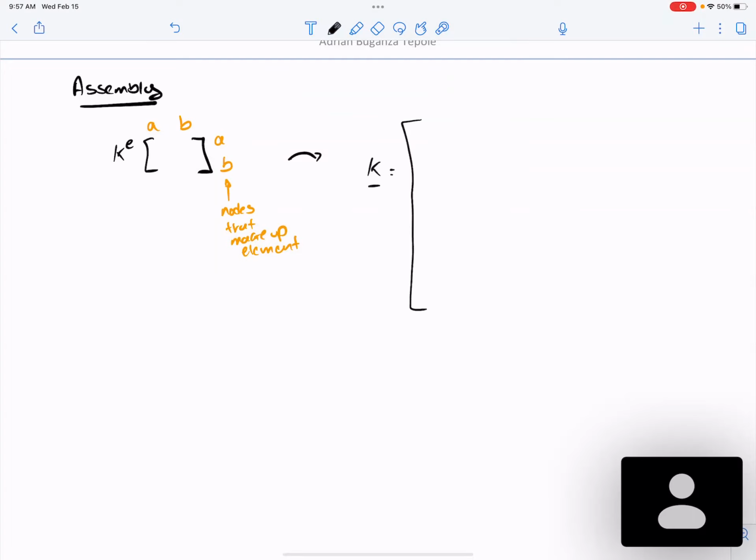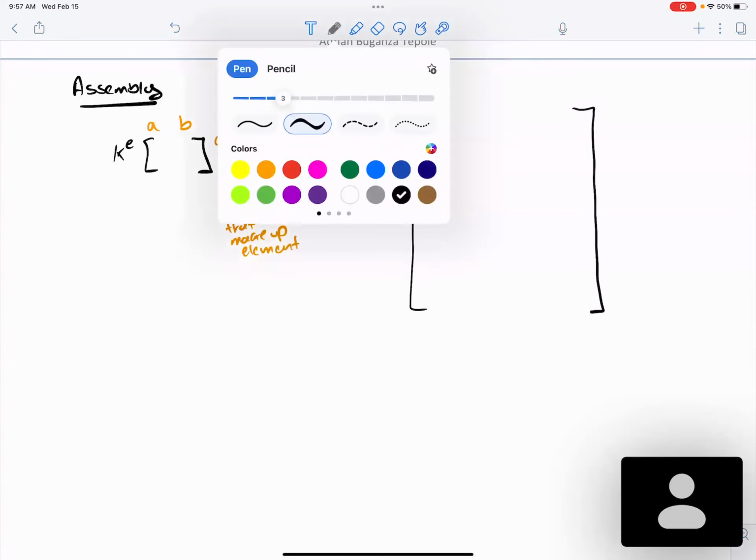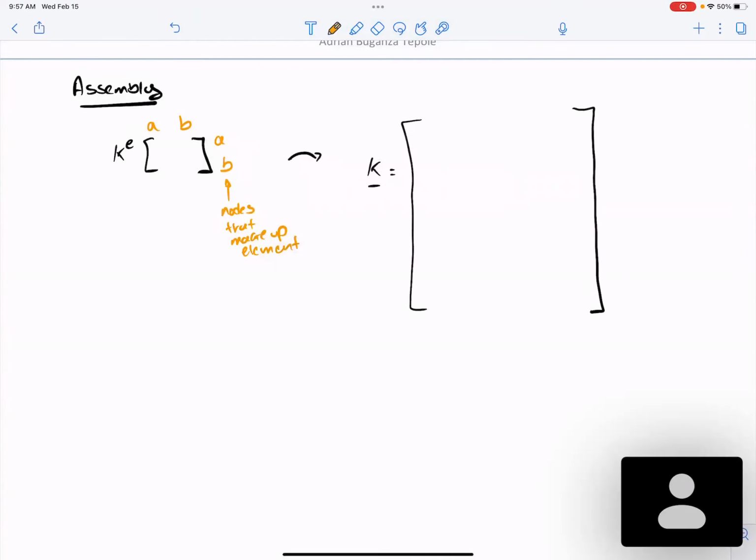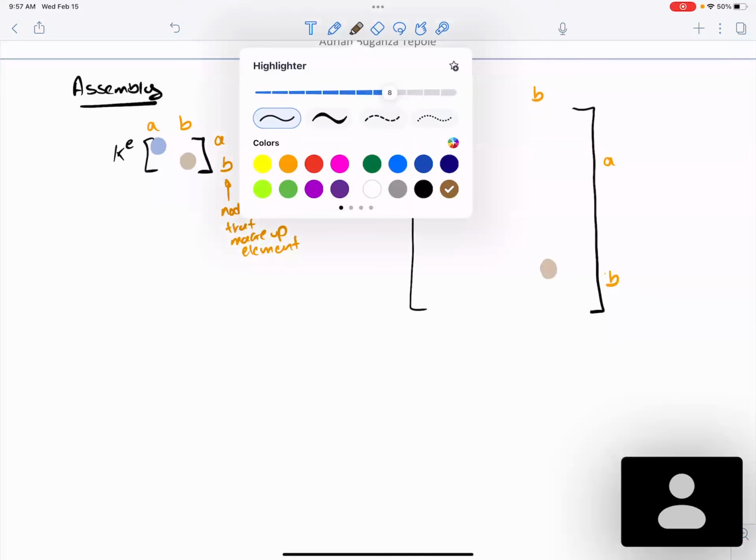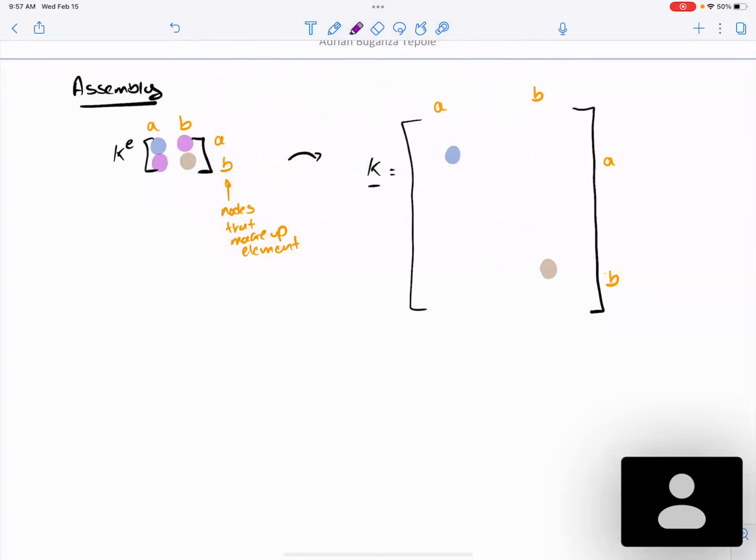All you need to look for is where is that A and where is that B? Like this term will go here. This term will go here. And these two terms will go here. So that's just the same that we were doing for the trusses.